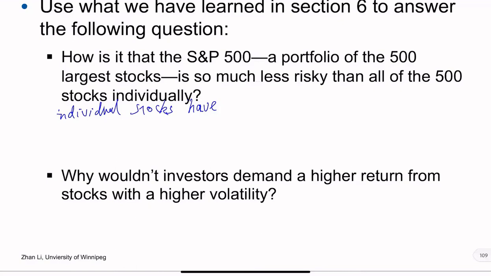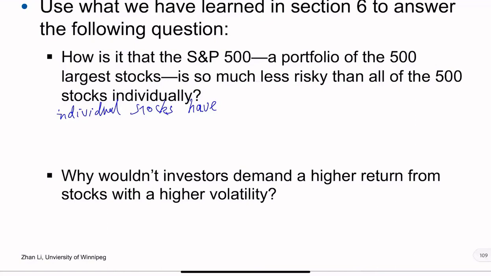So the S&P 500 contains only systematic risk, right? So basically that's why the S&P 500 is less risky, because firm-specific risks have been eliminated, have been removed.